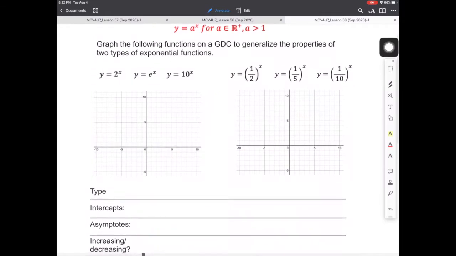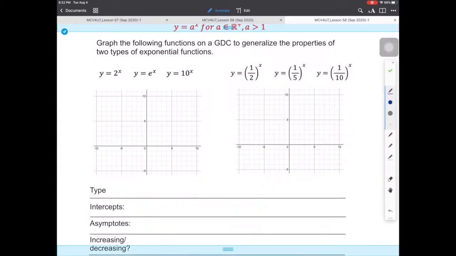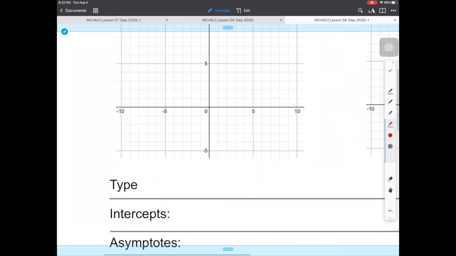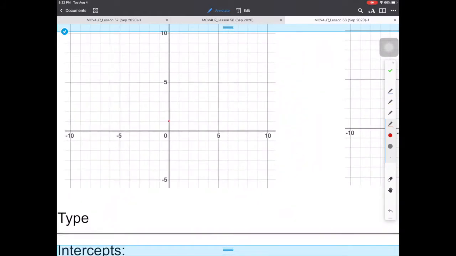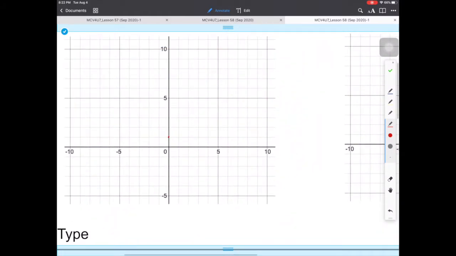I'm just going to make a rough sketch of the graphs here because I'm not very good at sketching on the iPad yet. For 2 to the power of x, I know it crosses the y-axis at 1. When x is 1, the y value is 2.